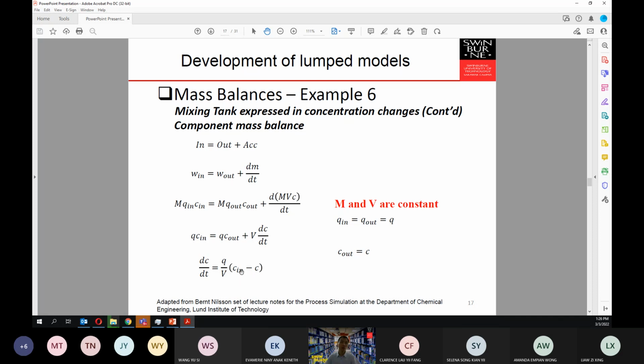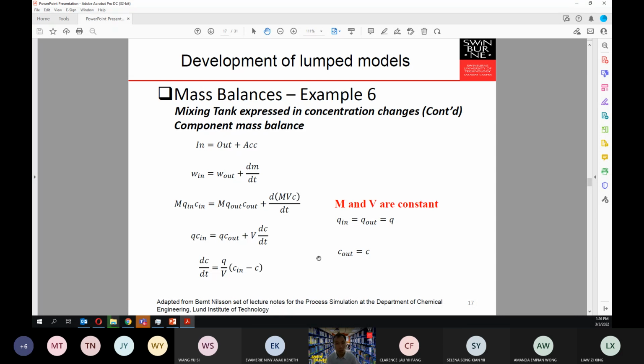It depends on the concentration of the inlet, and on the flow rate, because the flow rate of the in and out is the same and equal to Q, and it is also dependent on the volume of the tank as well.